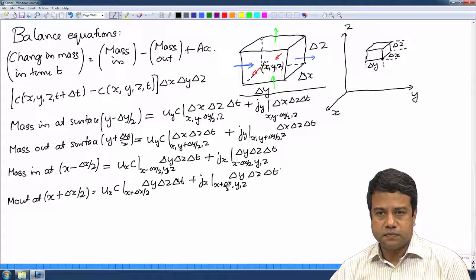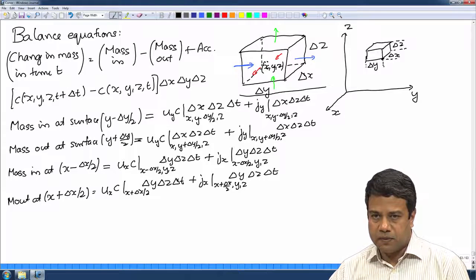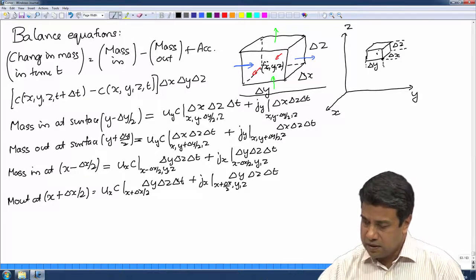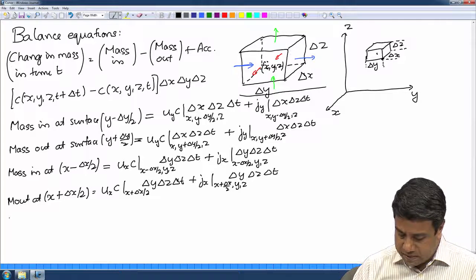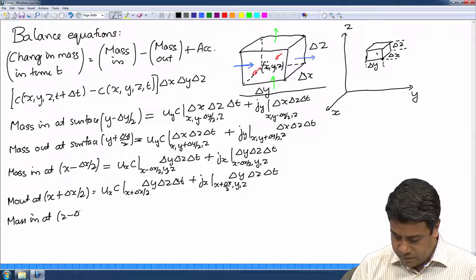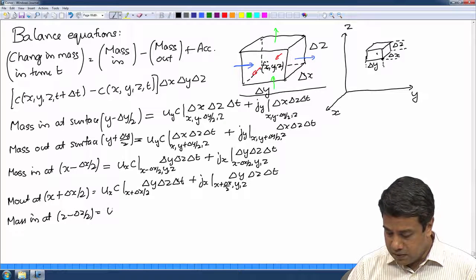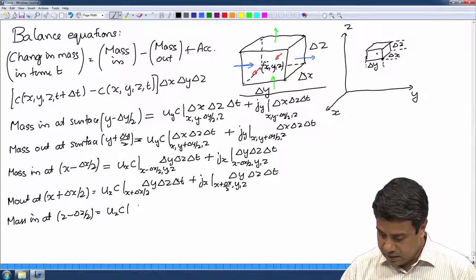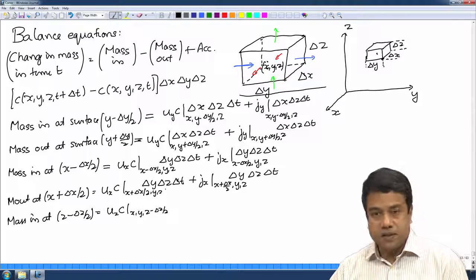And now you can do it for the top and the bottom faces. The bottom face is at z minus delta z by 2, because the center is at x, y, z. Therefore, the bottom face is at z minus delta z by 2. The mass in is equal to u_z, that is the perpendicular velocity to the surface, times c at x, y, z minus delta z by 2, times the area.